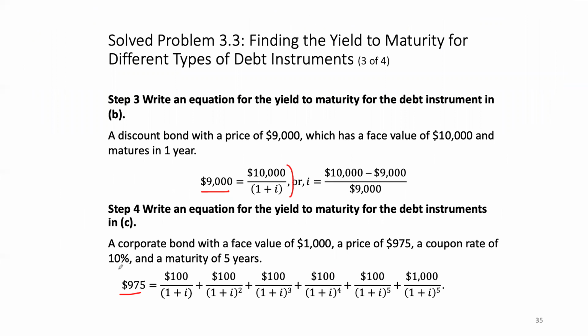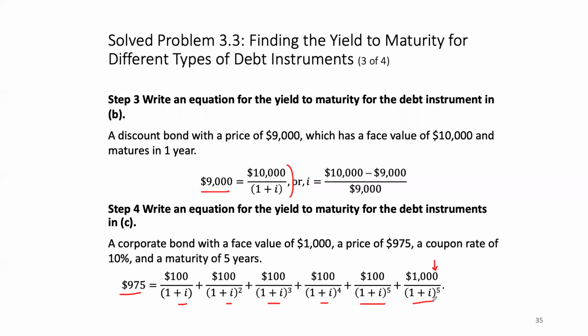A 10% coupon on $1,000 is a $100 coupon payment in year 1, year 2, year 3, year 4, year 5. Right, those are the 5 coupon payments it needs to make, and in the last period, it not only pays the coupon but also returns the face value of $1,000, discounted by 1 plus I raised to 5.